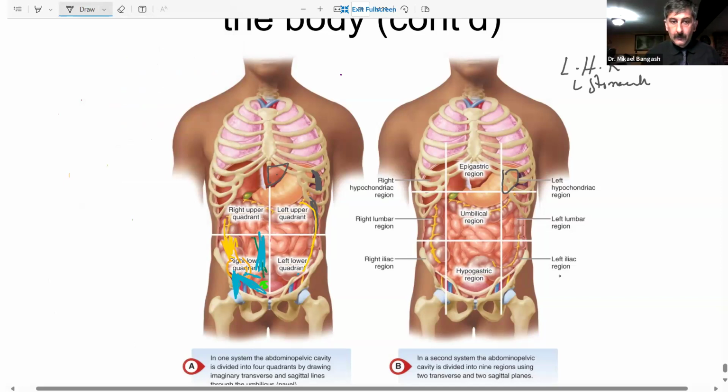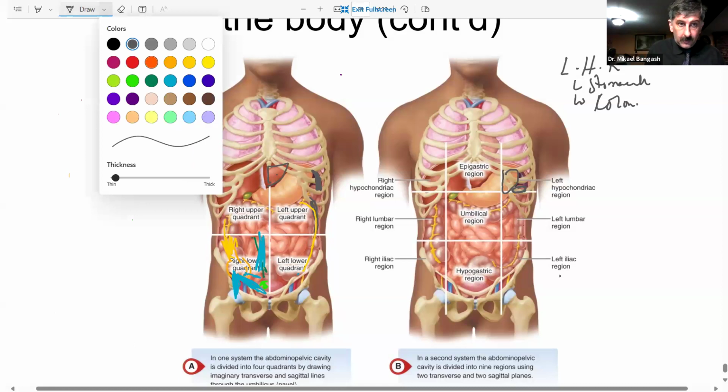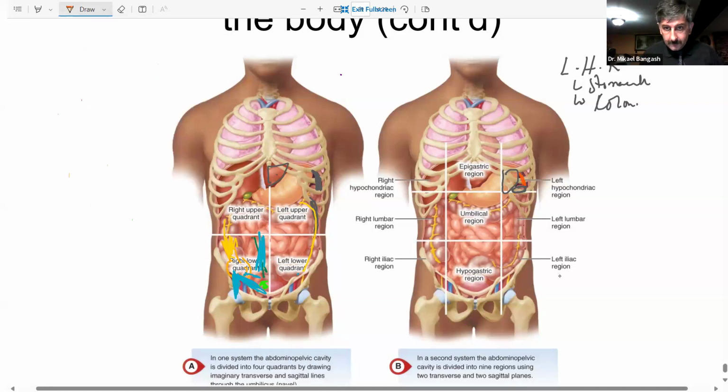Maybe even a small loop of colon. And back here, as I said earlier, Mr. Spleen.